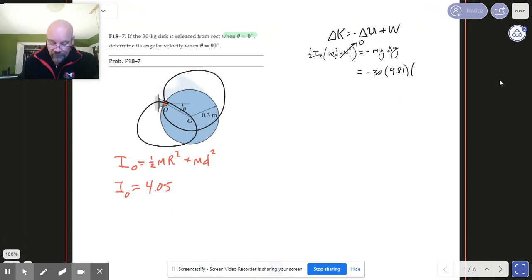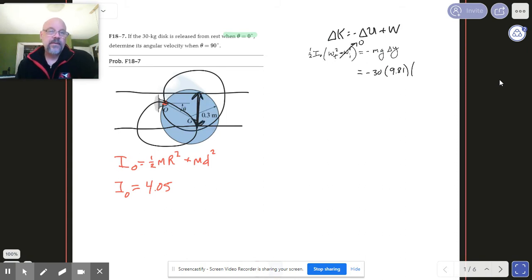So our ending height and beginning height are right there, and our change in height is just the same as the radius, so that's 0.3. Now, we started high and ended up low, so that's a negative change.